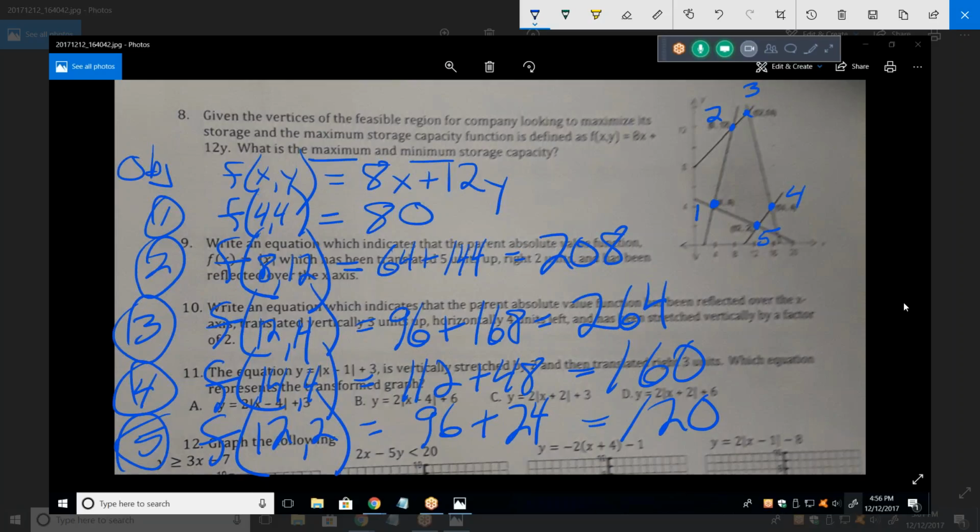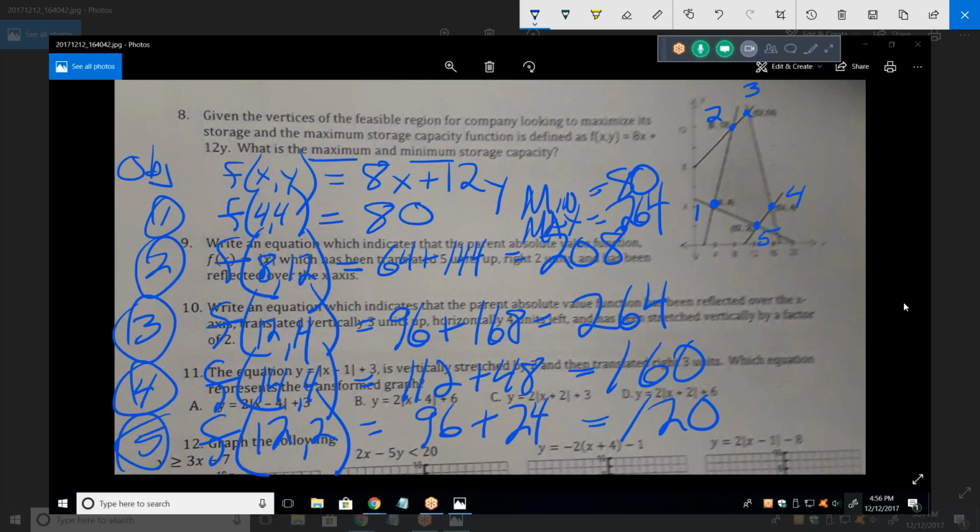So the minimum point is 80, so point 1. Okay, so minimum equals 80. Maximum equals what? 264.